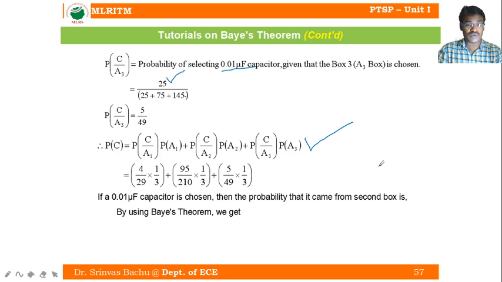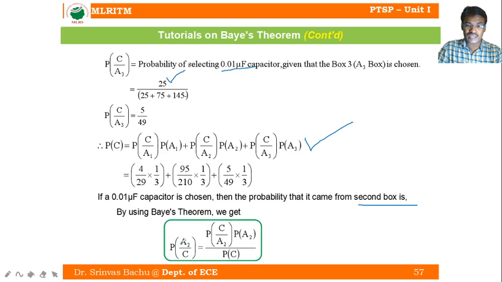If a 0.01 microfarad capacitor is chosen, what is the probability that it came from the second box? I want the probability of the second box by using Bayes theorem, that is, the probability of the second box given C, that capacitance. Already 0.01 has happened.